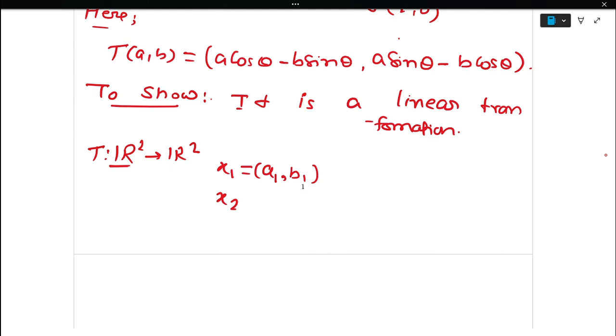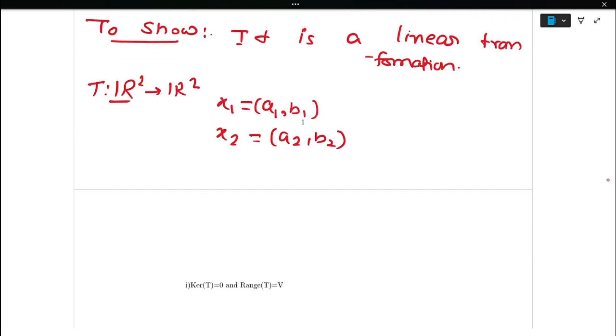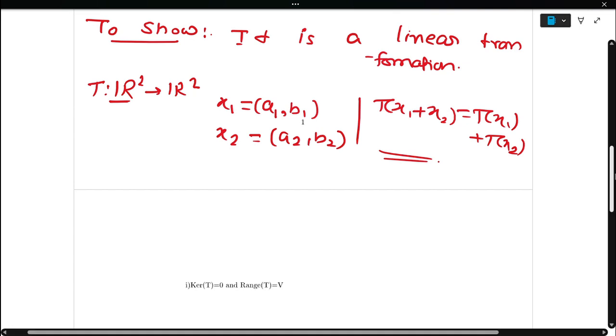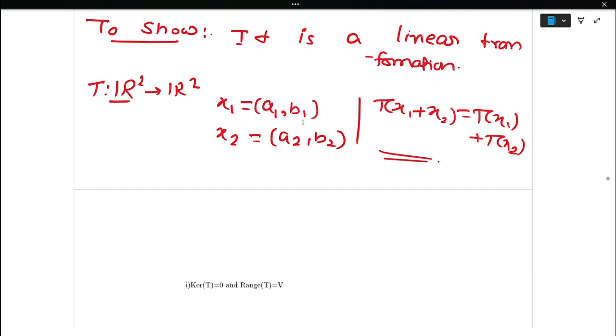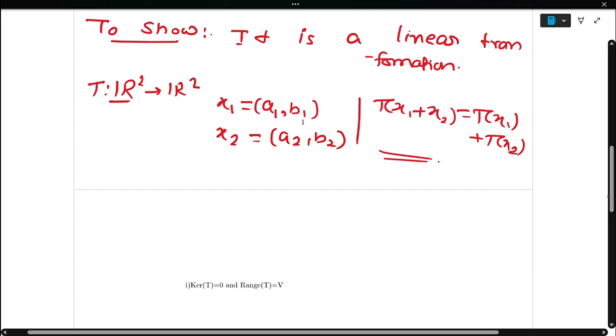Also take x2 as (a2, b2). We will show that T(x1 plus x2) equals T(x1) plus T(x2). Then we will show T(alpha x) equals alpha T(x), where alpha is any constant and x is in R square. Then we are done.